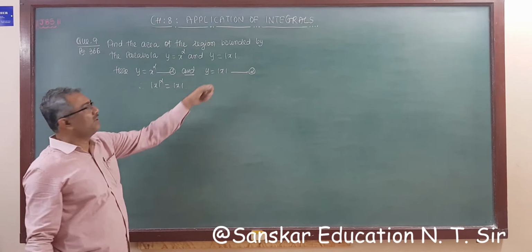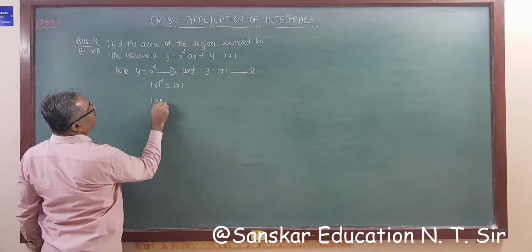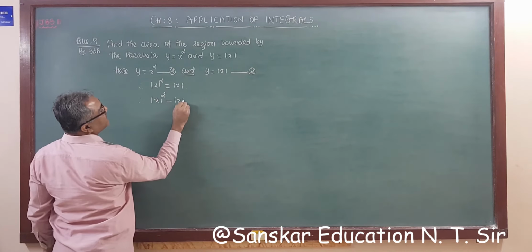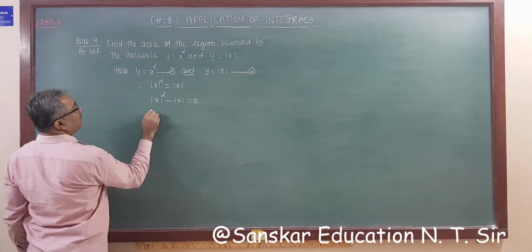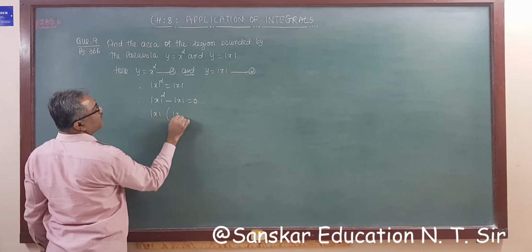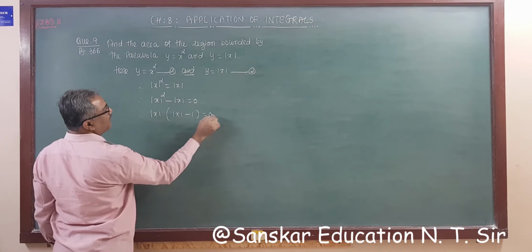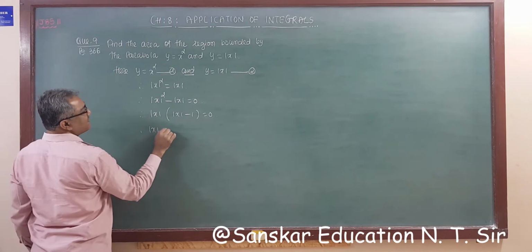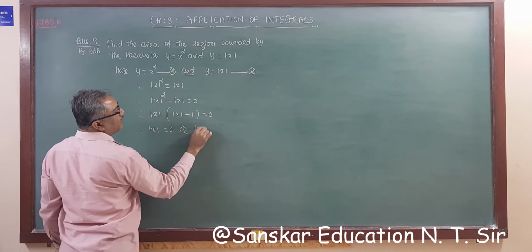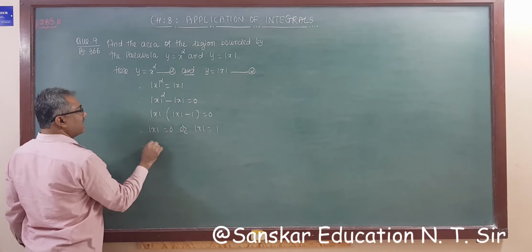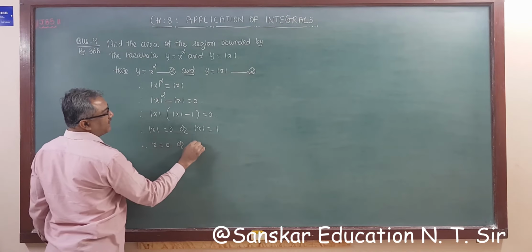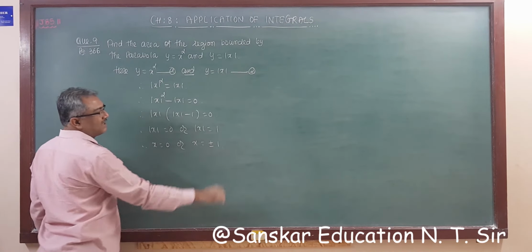So mod x square minus mod x is equal to 0. If we take mod x common, then mod x into mod x minus 1 is equal to 0. So either mod x is equal to 0 or mod x is equal to 1, that is x is equal to 0, or x is equal to plus or minus 1.